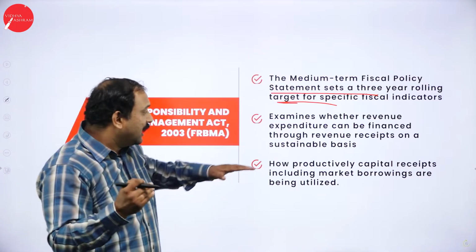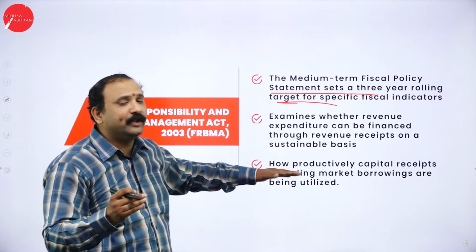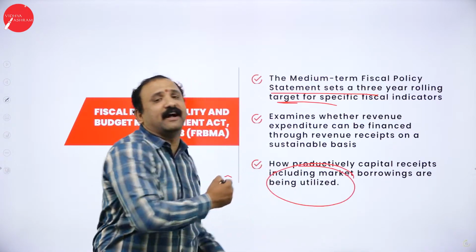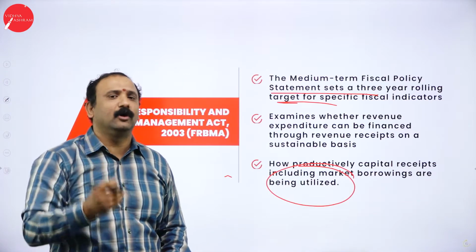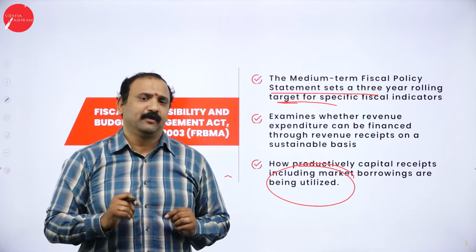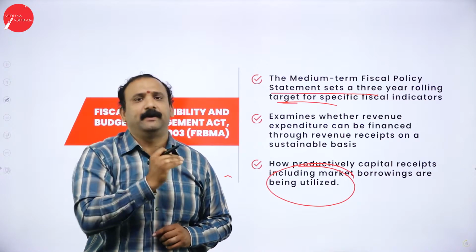But then, how productively the capital receipts, including the market borrowings, are being utilized is another factor for us. Why? Because when you look into a fiscal policy, we would have borrowed money from different angles, from different perspectives.